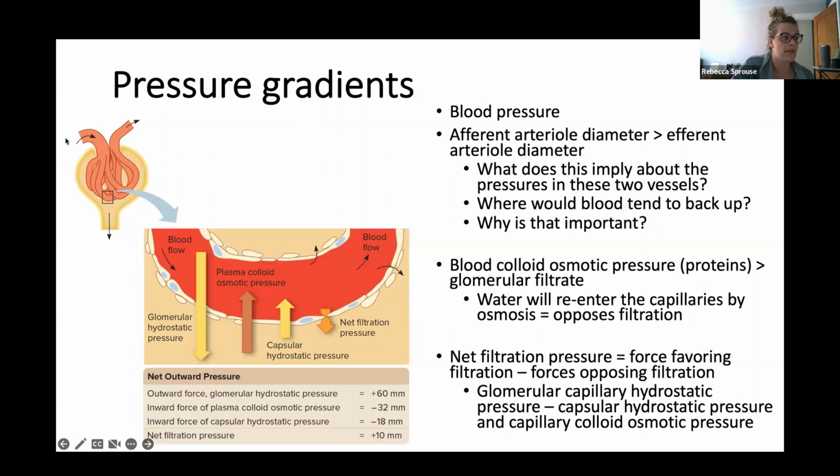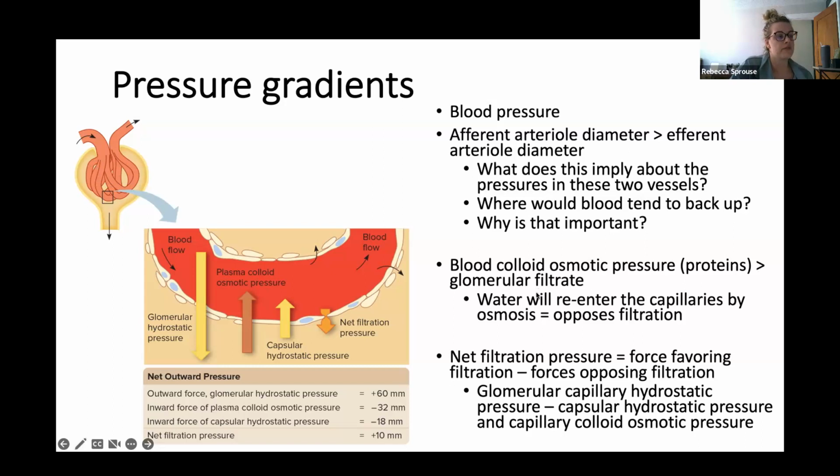So that afferent arteriole is wider to accommodate higher pressures coming into the glomerulus so that we don't damage it. And blood will end up backing up in these capillaries because it cannot exit out this vessel as fast as it entered, because this one's a little bit narrower. That's beneficial because the longer the blood sits in here, the more filtration can happen. And we really want super clean blood after it leaves the glomerulus.